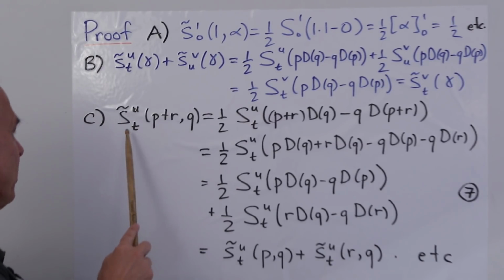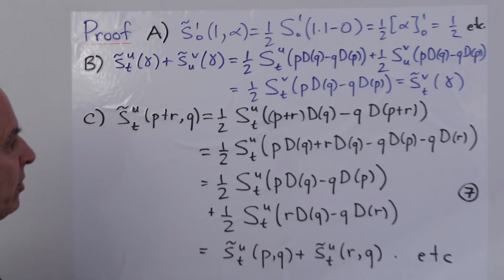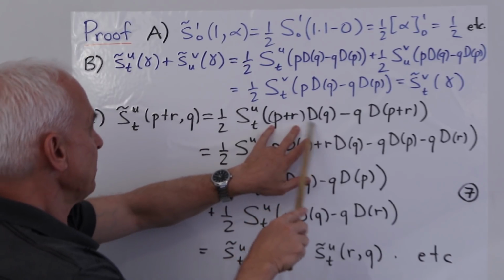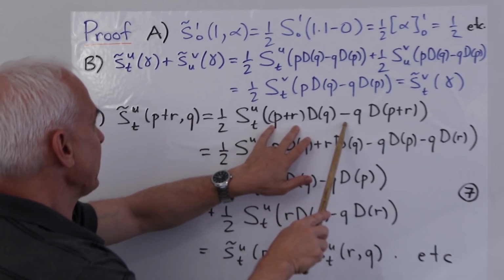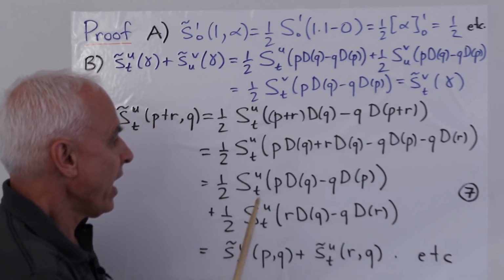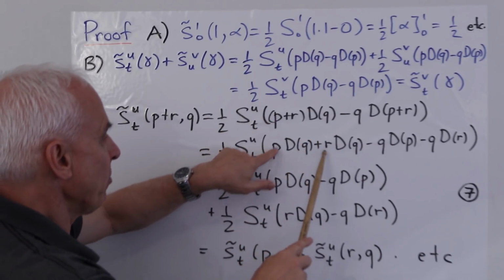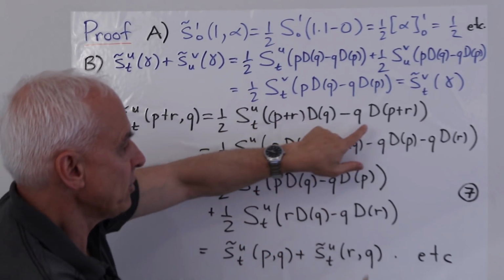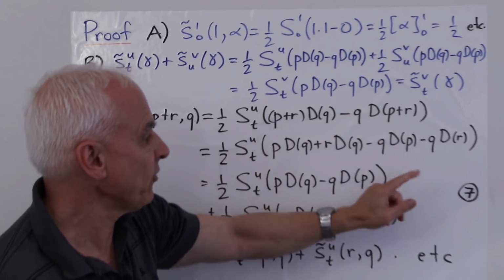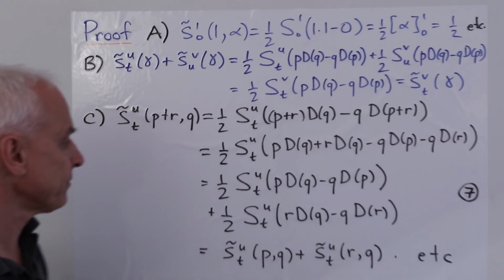In terms of linearity, here's an example of that. Say you want to calculate S tilde from t to u of p plus r, q. So here's what it looks like. The p plus r is there times the derivative of q, and then subtracting q times the derivative of p plus r. And then we use basic linearity here. So this is going to be p dq plus r dq, and we use the linearity of the derivative: the derivative of p plus r is the derivative of p plus the derivative of r. So this becomes that.